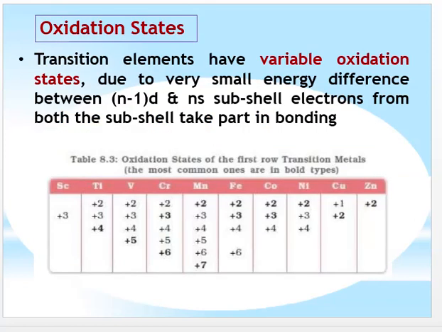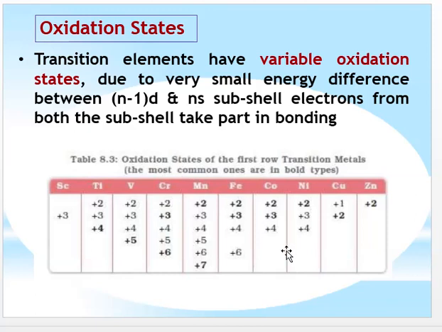About oxidation states, transition elements have variable oxidation states due to a very small energy difference between the n-1 d and ns subshells. Electrons from both subshells take part in bonding, and in this graph you can see the oxidation states of some elements.